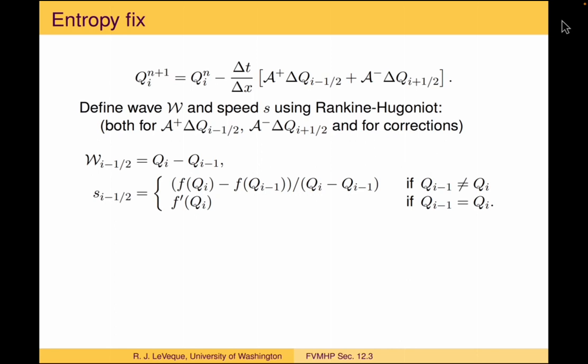And it's something that's often called an entropy fix. And in the next lecture, I'll talk more about entropy conditions and where this terminology comes from. But again, the basic idea is that the weak solution isn't always unique.